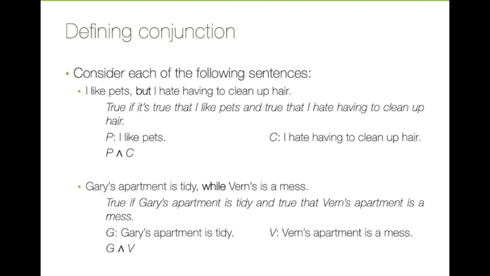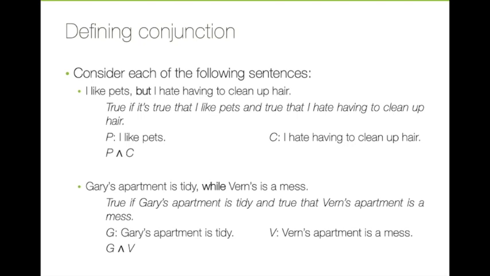Again, in the next one, we have the word while as our conjunct word, and even though it suggests some contrast between the 2 statements, it still can be captured with our logical conjunction, because Gary's apartment is tidy while Vern's is a mess is true if it's true that Gary's apartment is tidy and true that Vern's apartment is a mess.